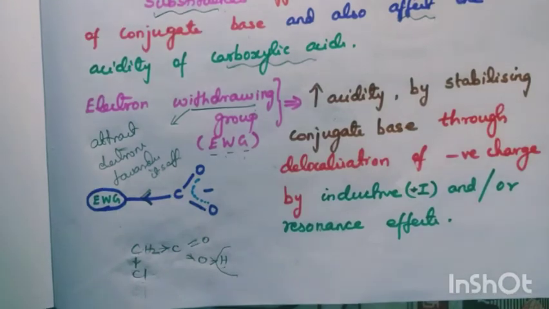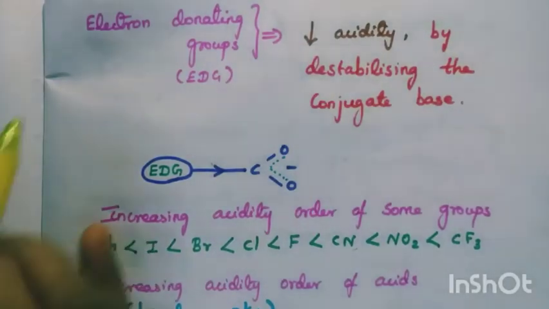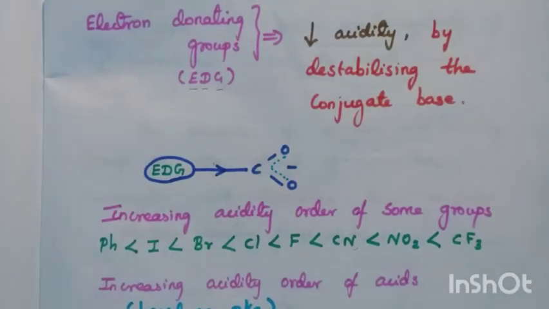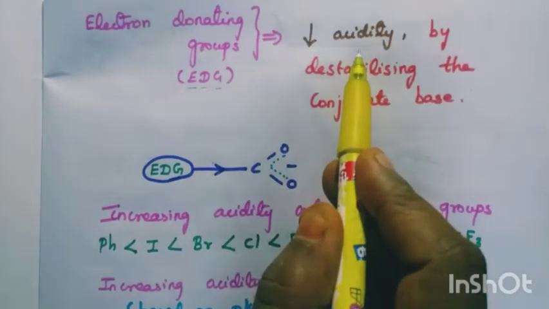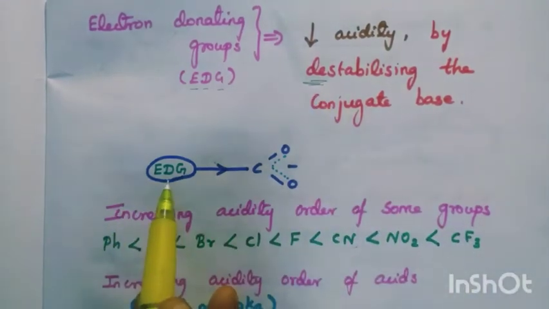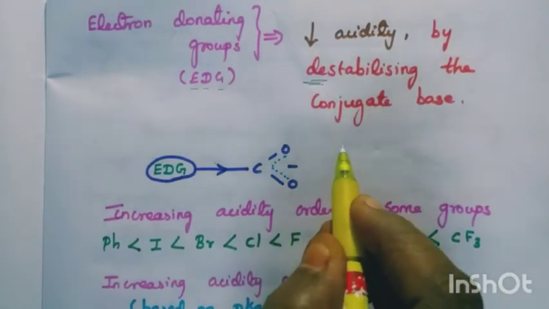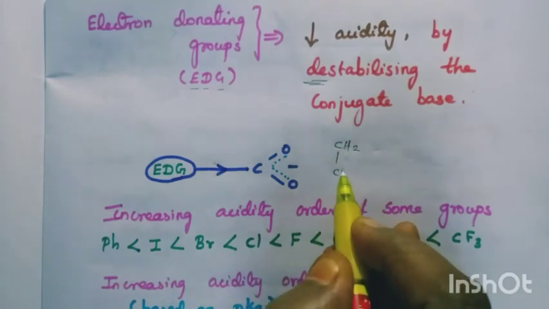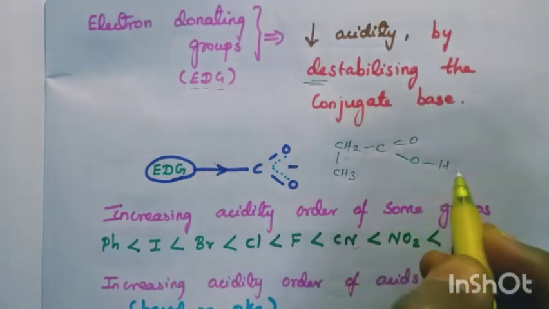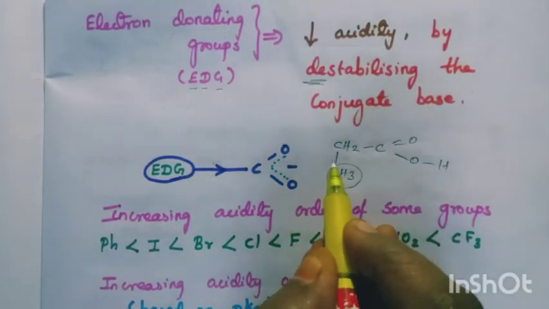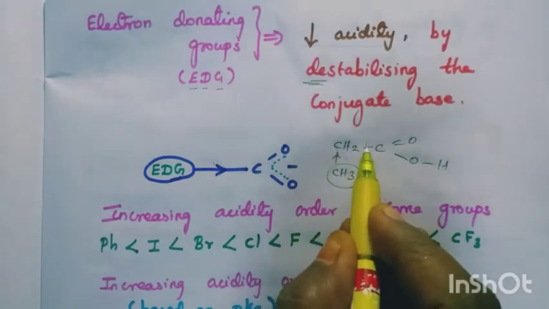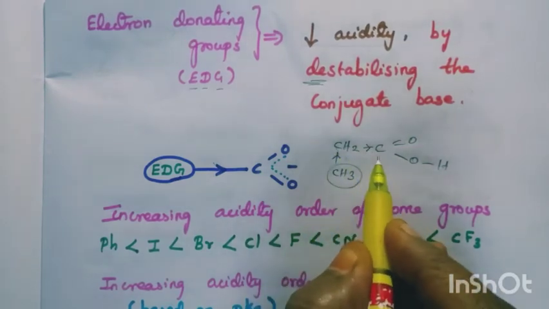What about the electron donating group? If an electron donating group is there, the acidity decreases due to destabilization. Let's see this. Donating group means CH2, CH3, C double bond O, OH. This is an electron donating group. It has a tendency to donate to this carbon, which becomes electron rich.